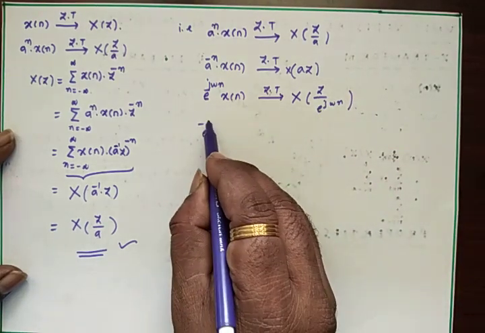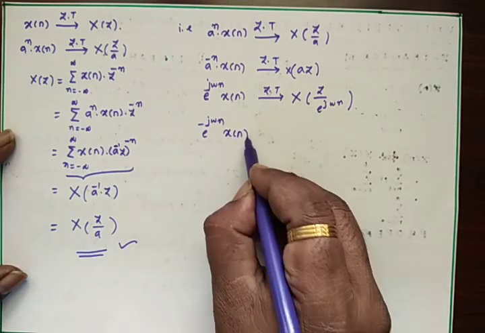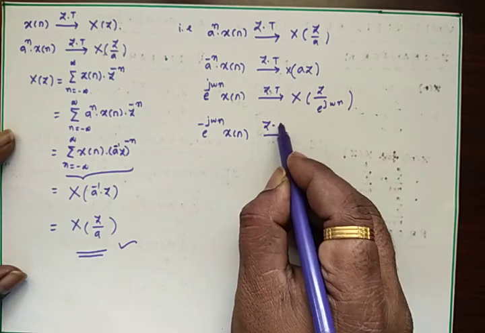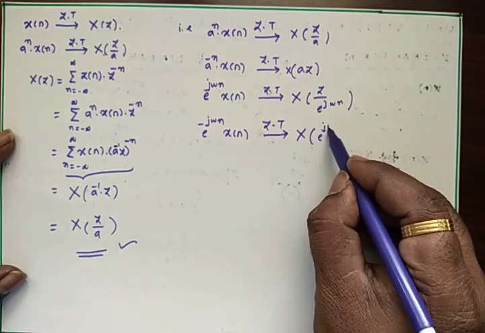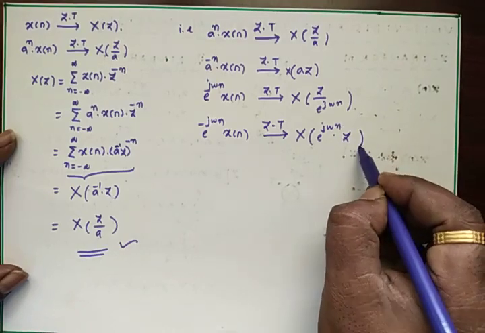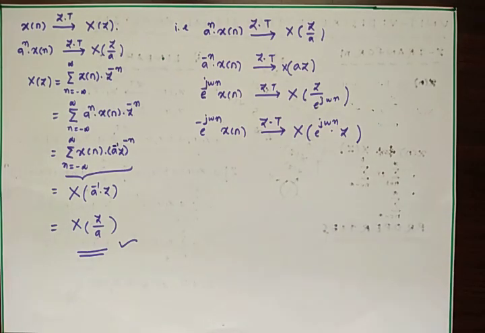And if it is e to the power of minus j omega n x of n, we get x of e to the power of j omega n into z. Likewise, we can go with the various properties of the z transform.